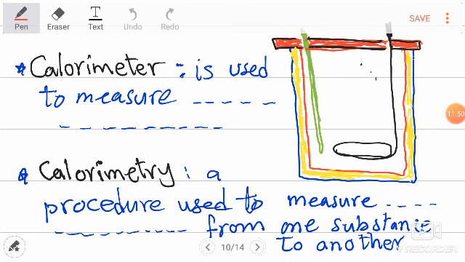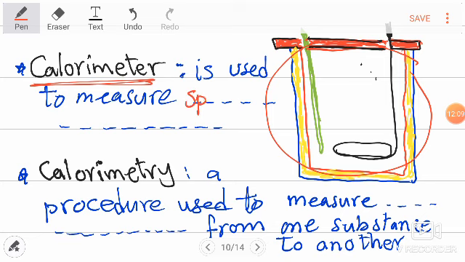This tool is used in determining the specific heat and is called a calorimeter. A calorimeter is used to measure or determine the specific heat capacity of materials.